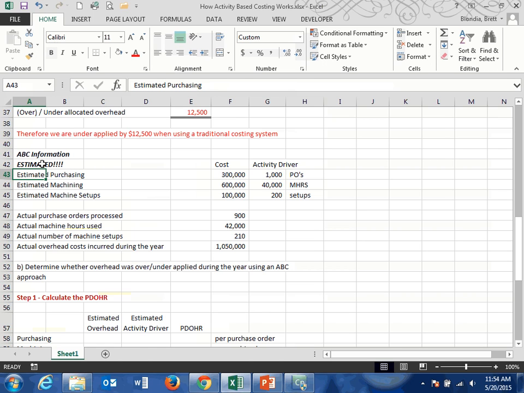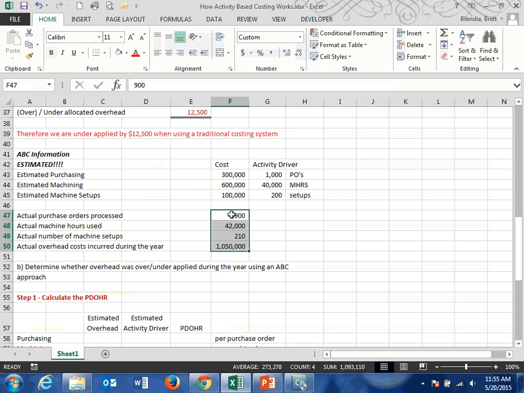Okay? All of this stuff right here, this estimated purchasing, estimated machining, estimated setups, it's all estimated. It's from your budget. It's done before the year even starts. Okay? So this is the information I'm going to use to come up with my predetermined overhead rates. And then here's the actual activity that I'm going to use to decide whether to allocate overhead and then to decide whether I'm over or under applied.